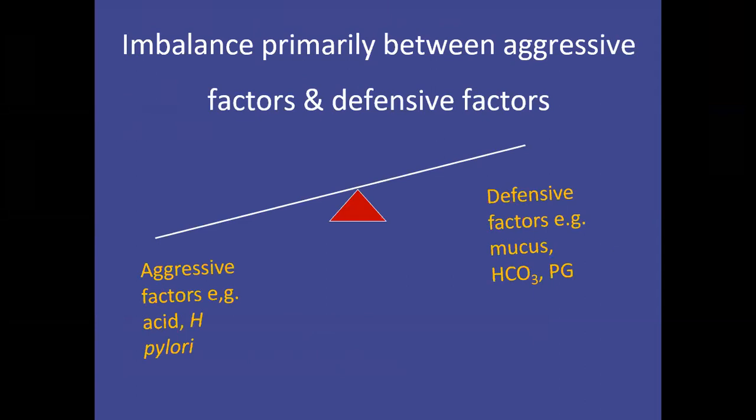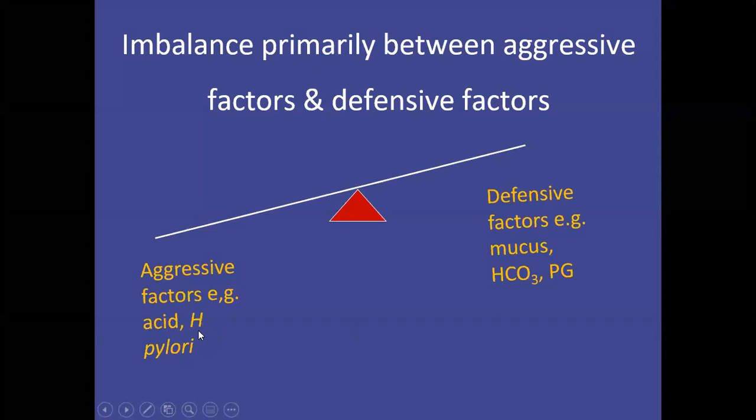On the left side, you can see several aggressive factors, and most important among them is acid, especially the hydrochloric acid secreted by the parietal cells of the stomach, and then the bacterium H. pylori, Helicobacter pylori. These are the aggressive factors which have a pivotal role in the development of peptic ulcers.